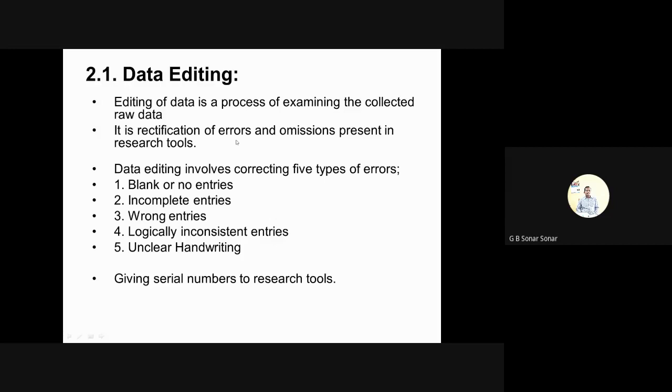So in order to trace the particular research tool from where the clarification is required, the data needs to be verified and corrected in the master chart. See, giving a serial number is very, very important. If we do not give serial numbers and if the tools get mixed, then it will become a mess and there will be no meaning for processing the data in the next step.